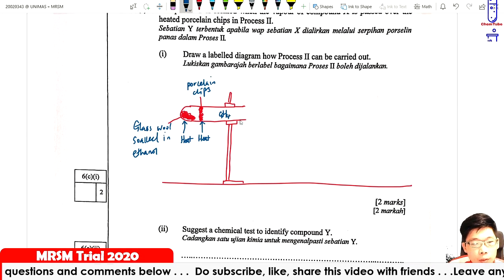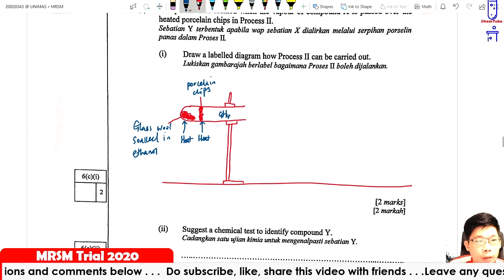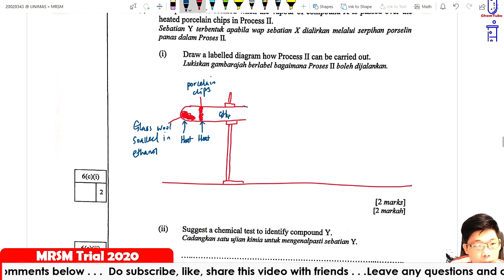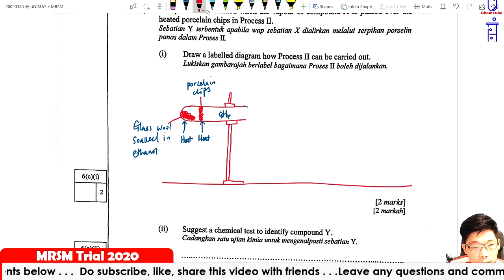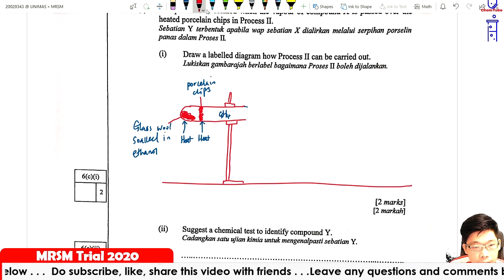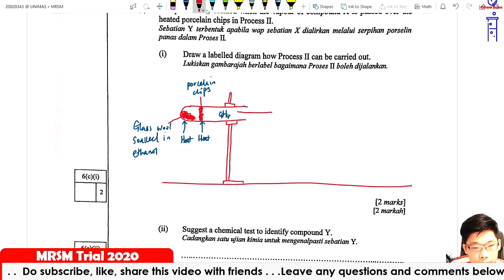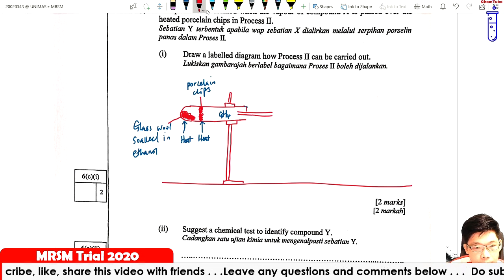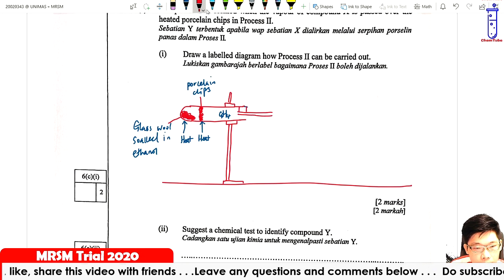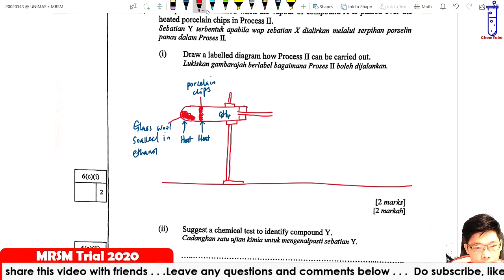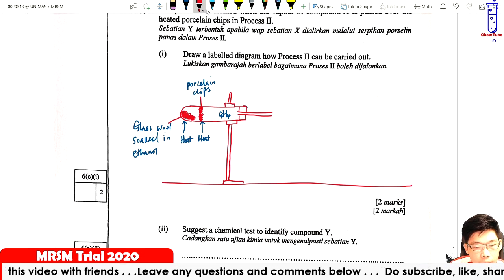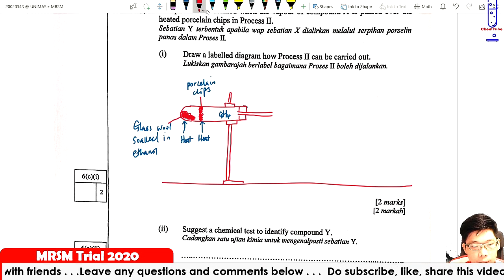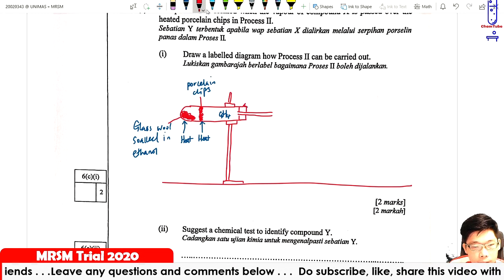Okay, so how do we collect the gas here? So normally, we will deliver it. So in the exam, if we draw like this, it'll be wrong. So the stopper must be a little bit come out.